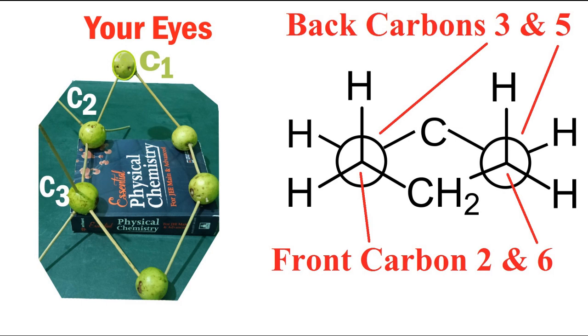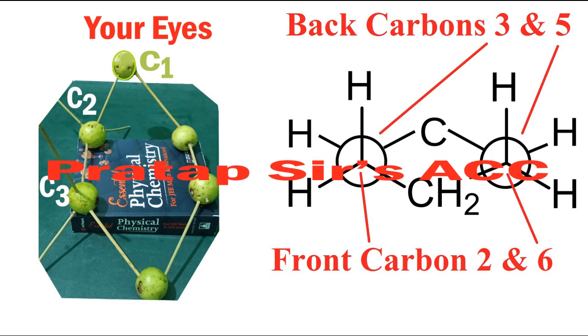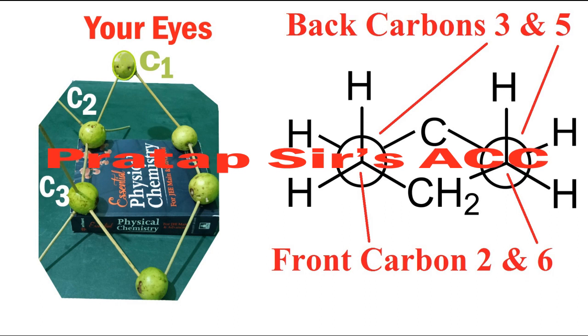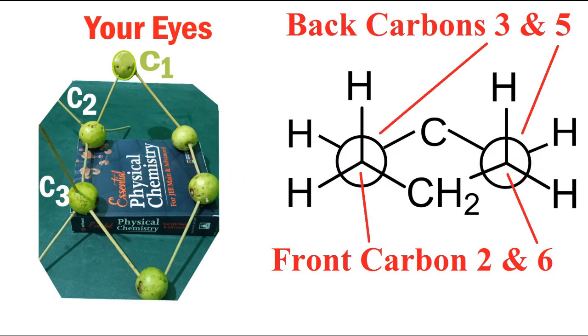Similarly, carbon number 6 becomes the top carbon represented as a dot, and carbon number 5 becomes the bottom, represented as a circle. Thus, you see how cyclohexane in its chair form is completely staggered.